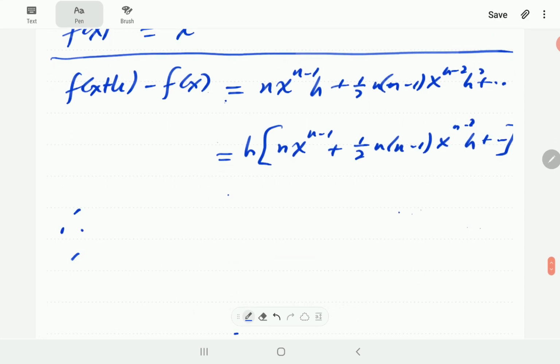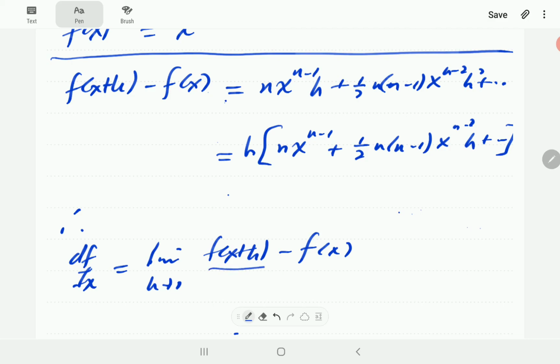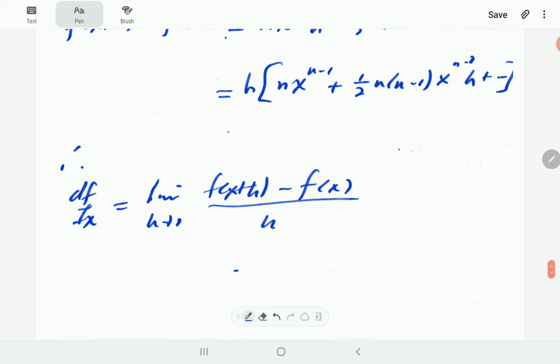Okay, so our derivative df dx is going to be the limit as h goes to 0 of f of x plus h minus f of x over h.